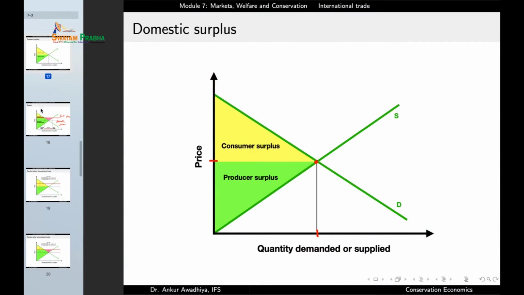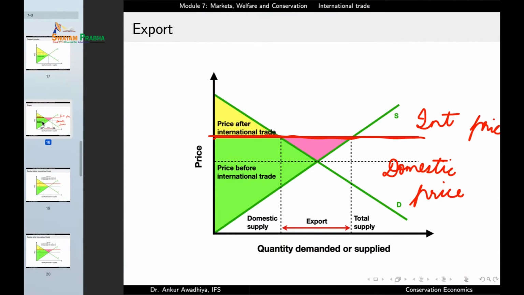Now, if the government says that no, you can sell things to people outside, in that case, we have observed that the producer surplus is the difference between the price at which the item is sold and the cost of making that item. So the manufacturer, to increase their producer surplus, would want to sell things to those people who are going to pay them a larger price.